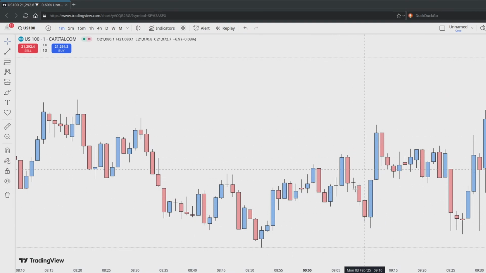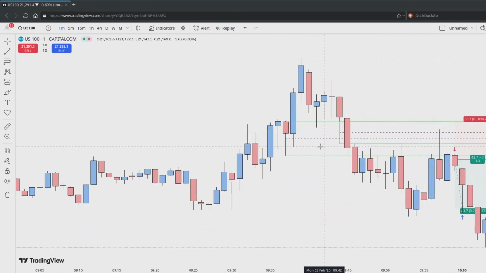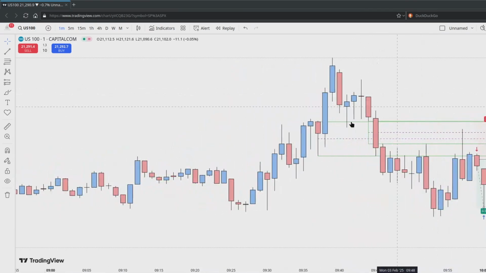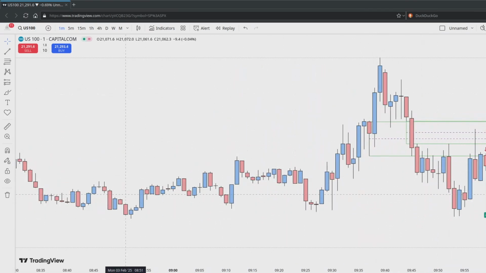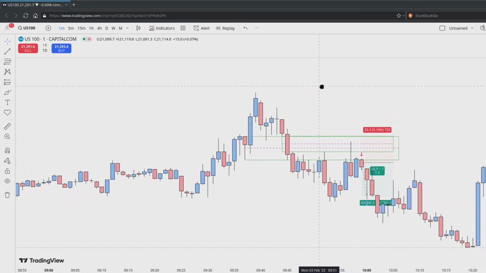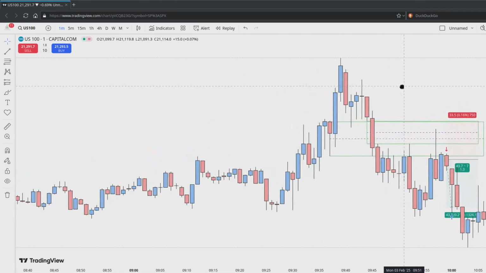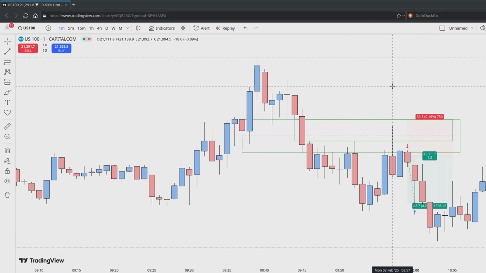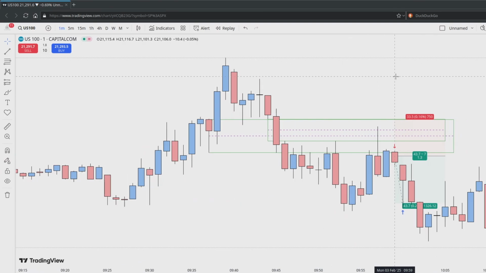Yeah, it did give a displacement away here, came back into it again. It's just not clean enough for me to be nearly an A class setup. So I would just rate this as a C class because it's so messy. Very choppy, very messy. Just overall not a clean setup.